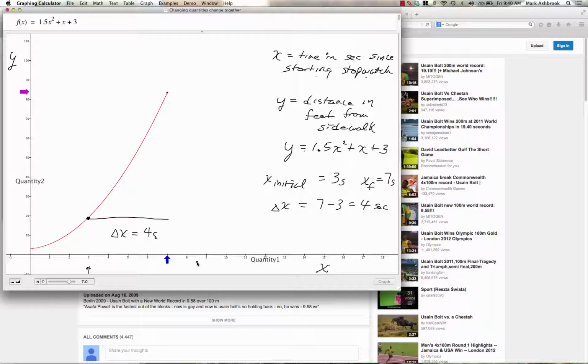A change in time? Time since starting the stopwatch. So if we put 4 in there, let's do it. Y equals 1.5 times 4 squared plus 4 plus 3.